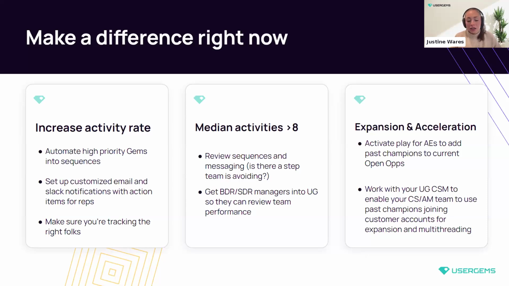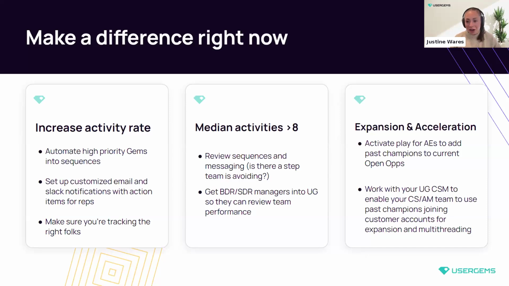Something else this dashboard was able to show really nicely is not only who is joining target accounts or accounts with no opportunities, but UserGems that are joining open opportunities and customer accounts. These can be really great for expansion and acceleration plays.